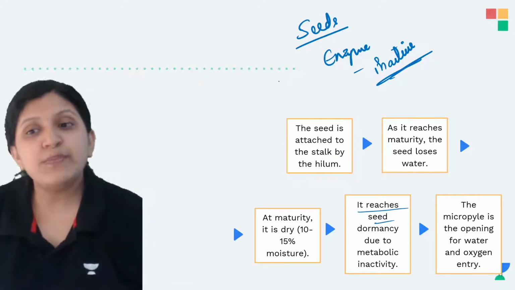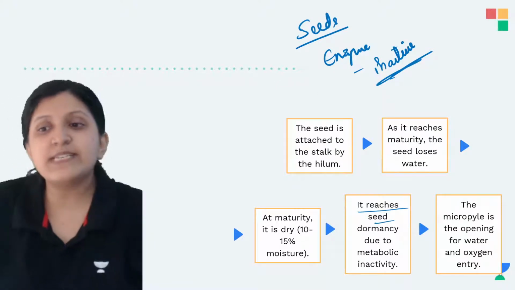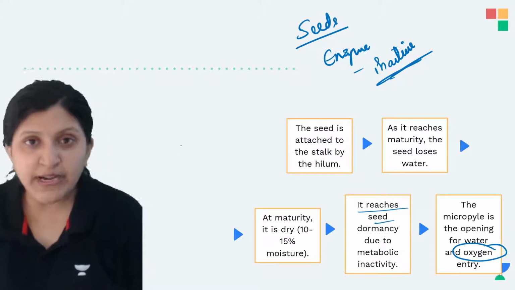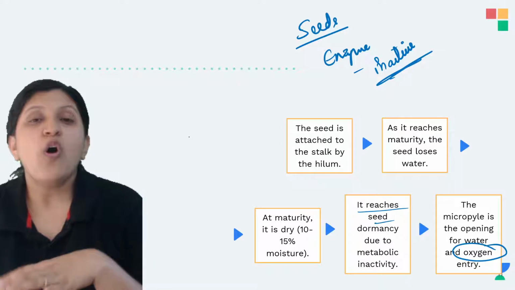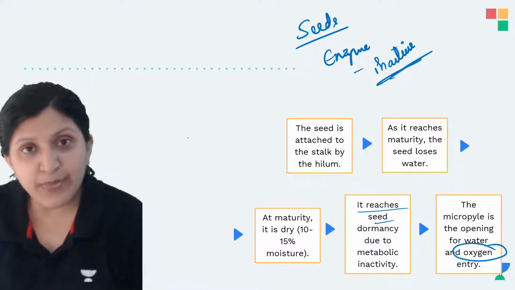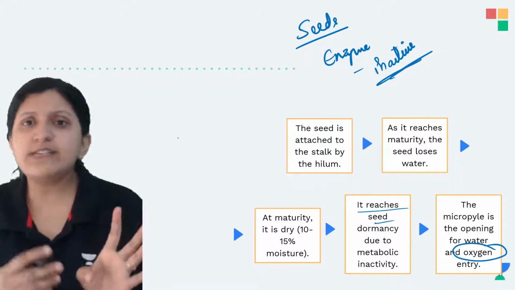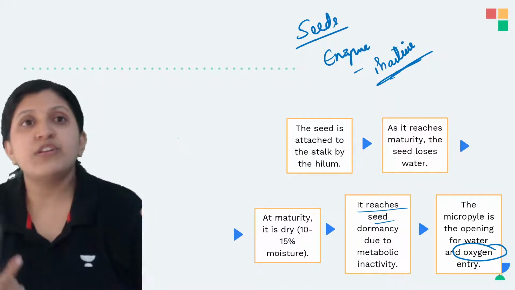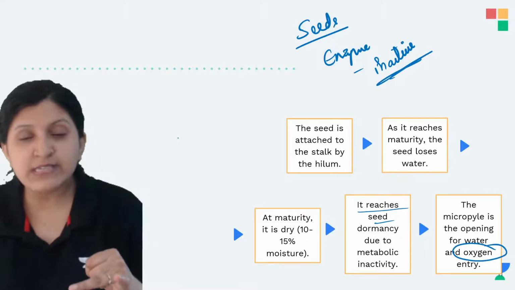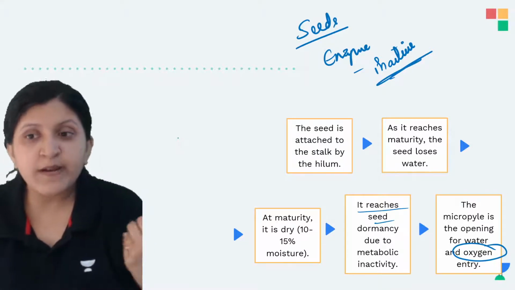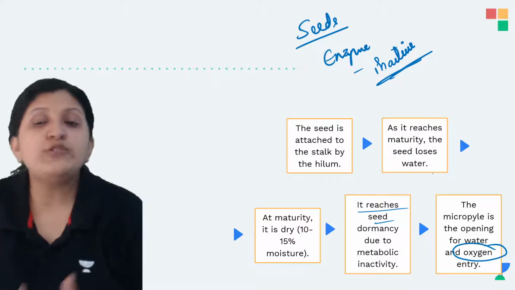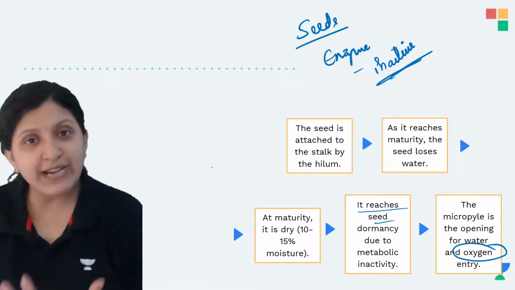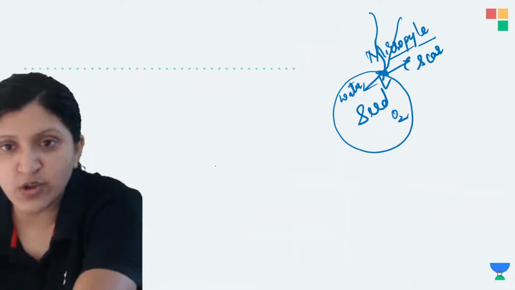But when suitable conditions are provided, that means a proper amount of oxygen, carbon dioxide for photosynthesis, water, and suitable temperature, then the seed will undergo germination. If the suitable conditions are not there, the seed does not germinate easily.